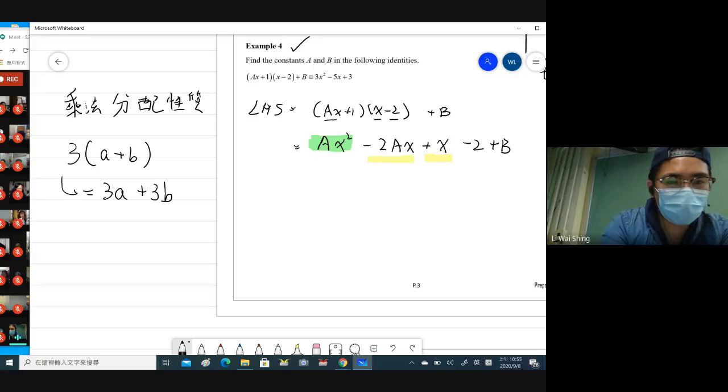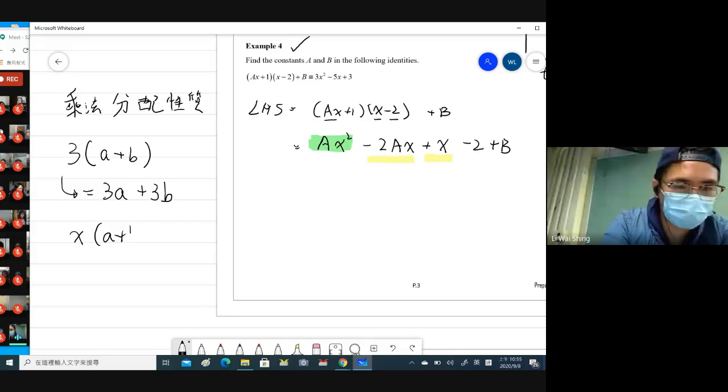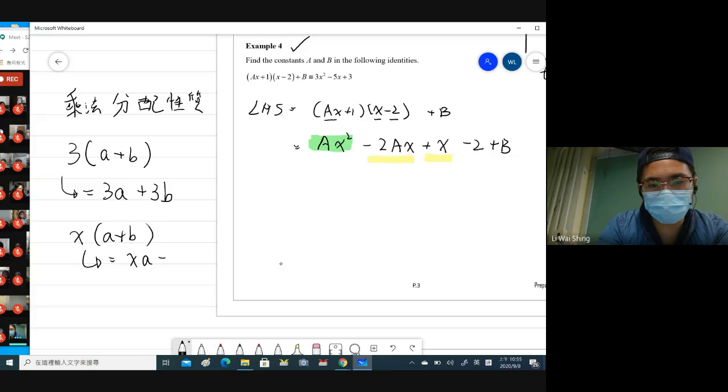Okay? So we are doing it backward now. For example, x times (a plus b), you know that it equals xa plus xb. This time we have 2 x terms here. We are doing it backward.